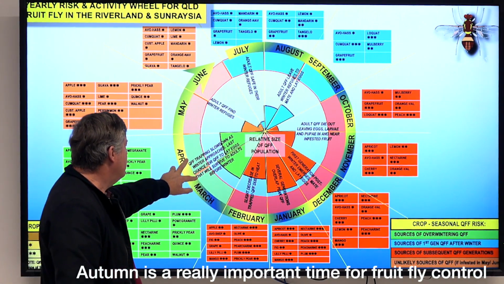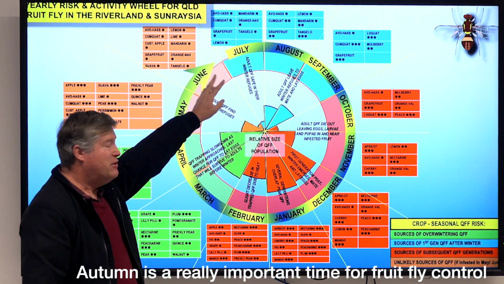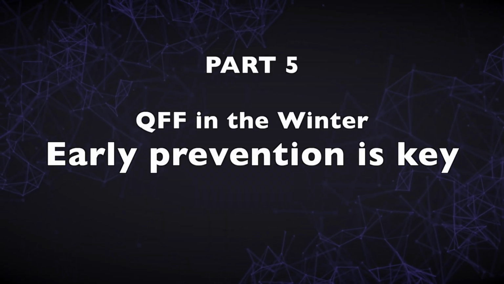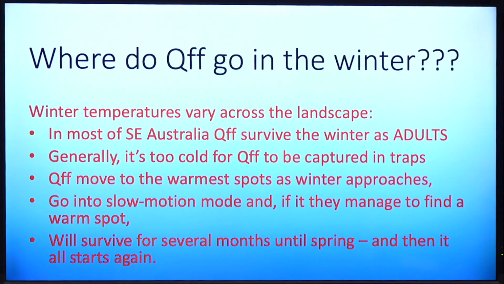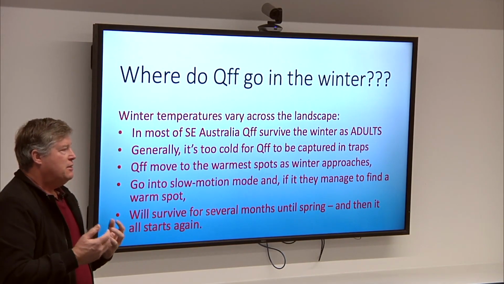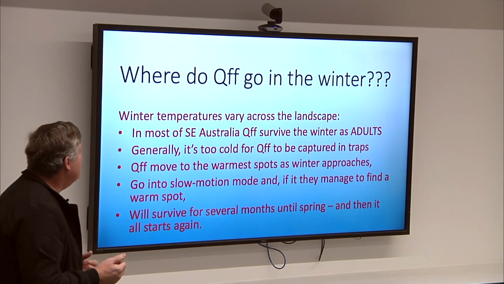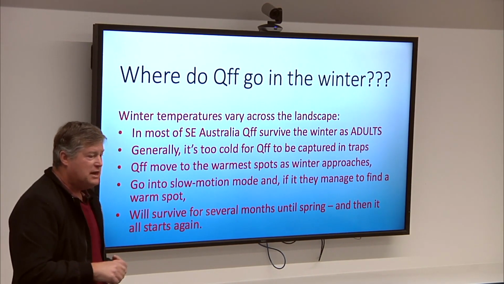But these are the ones that are the inoculum for the next season. I'm banging on about fruit flies in winter because they're the ones, if they survive the winter, that are going to come back and bite you in summer and autumn.